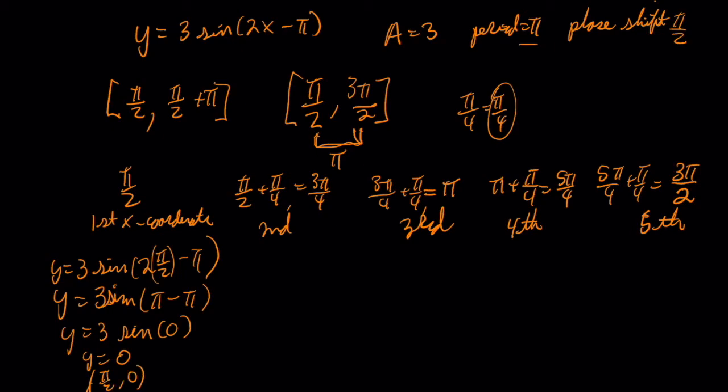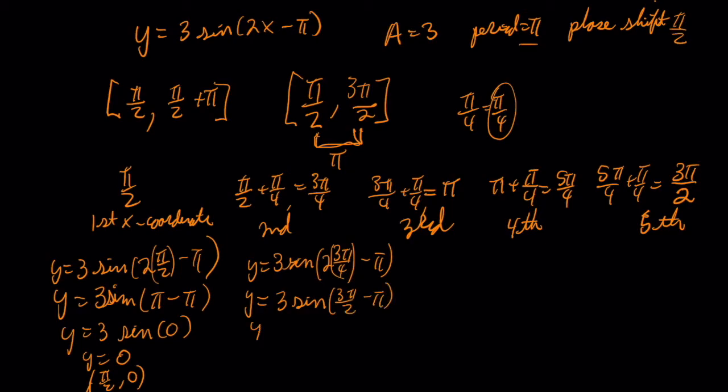For our second, I'm going to take y equals 3 sine of 2 times 3 pi over 4 minus pi. That's y equals 3 sine of 3 pi over 2 minus pi, which is y equals 3 sine of pi over 2, which is going to give us 3. So now I have when x is 3 pi over 4, y is 3.